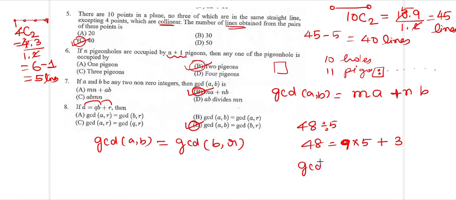Now the GCD of 48 comma 5 will be the same as the GCD of 5 comma 3. This GCD is 1 and this GCD is also going to be equal to 1. So you can just verify by giving any numbers to it.